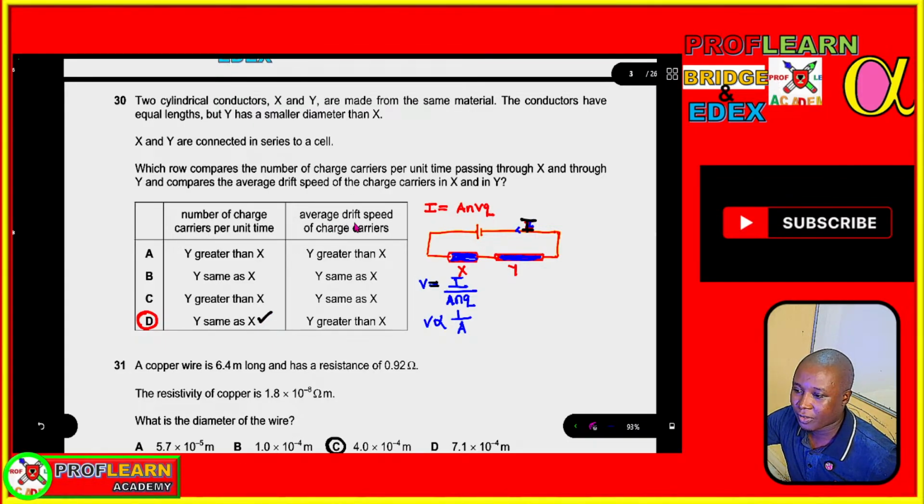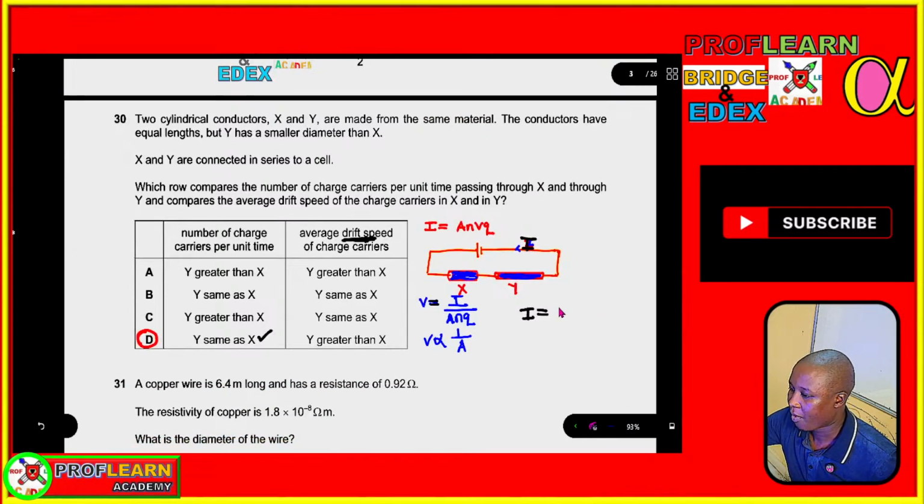But for the average drift velocity, we know that I is equal to nAvq. If you make v the subject for velocity, you're going to realize that drift velocity is inversely proportional to the cross-section area, because the charge density is the same, the amount of current passing is the same, and the quantity of charge is the same, so they are constant.